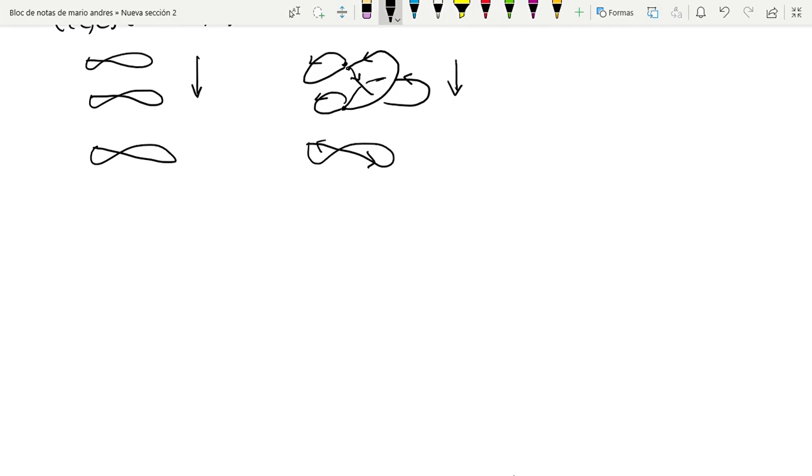The third covering is similar to this one, but note that the tricky part occurs on the left side, right? If we call this A and B, right? So we are going to do that horrible thing now on the B side, okay? So our third covering goes something like this.